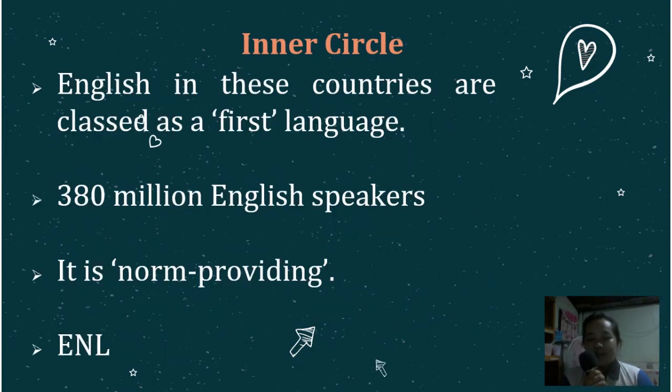Moreover, English in these countries is classed as a first language, so it is considered a primary language, since it is the historical birth of the English language.